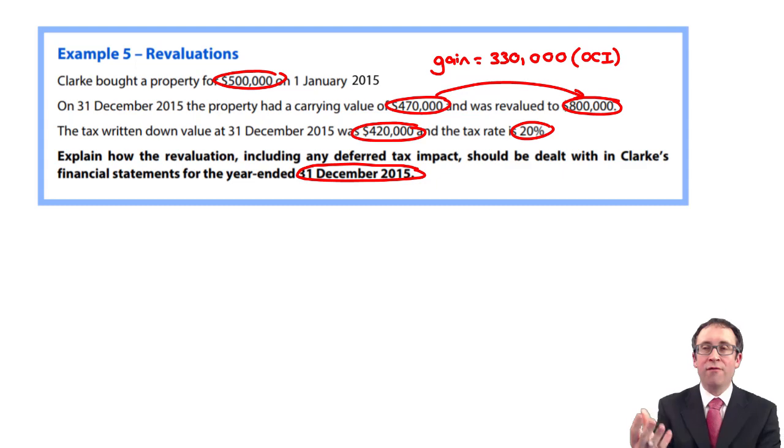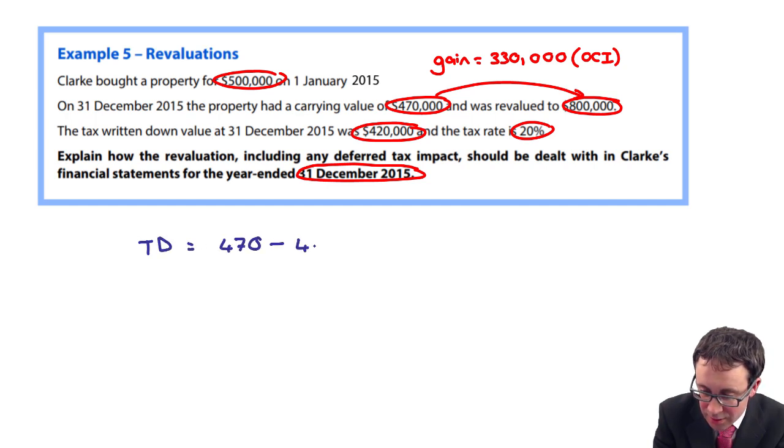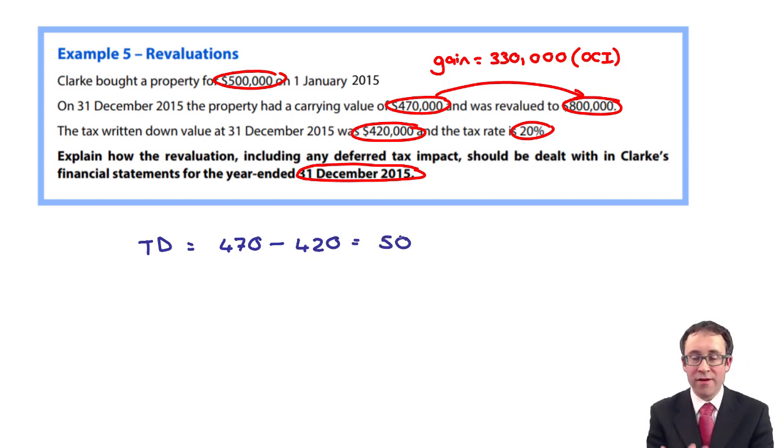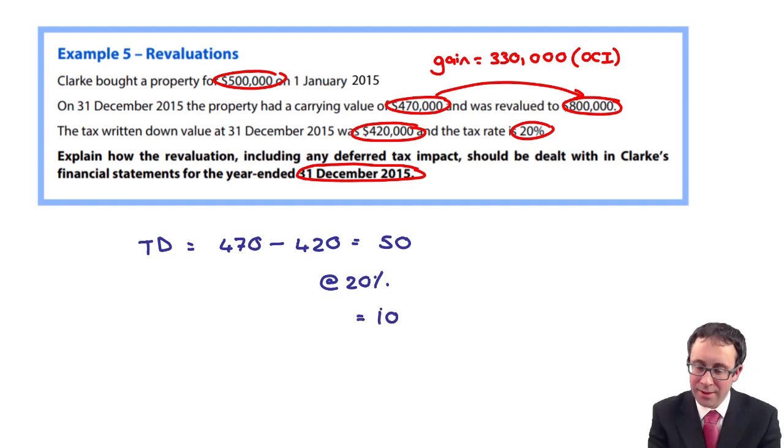Okay. If we had had no revaluation, then to work out the temporary difference, that would have been 470 less the 420, which gives me 50. Okay, so carrying value versus tax base. At 20%, that gives me 10.